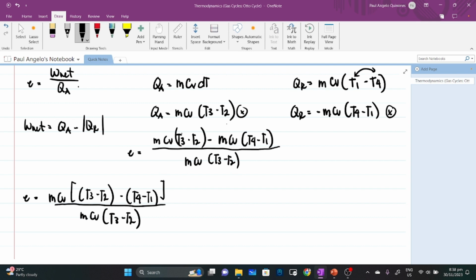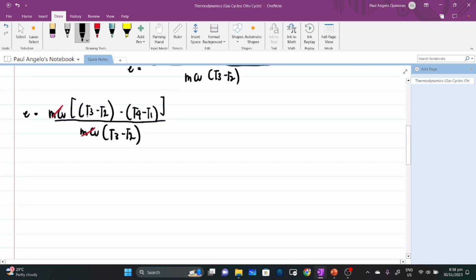I just factor out MCV, so once I distribute this in each term, we will return to our original equation. MCV here will cancel out, leaving us with E is equal to T3 minus T2 minus T4 minus T1 over T3 minus T2.